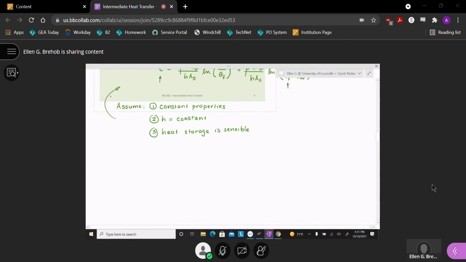All right, this next thing I wanted to show is how you could calculate, oh yeah, one more. When they give us some temperature for the initial case, it's uniform, so we don't have a temperature distribution at the starting point.